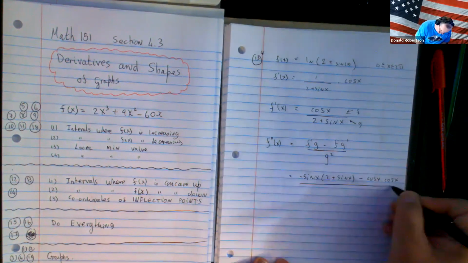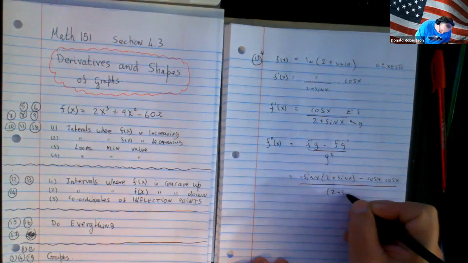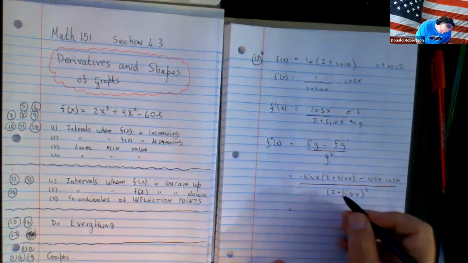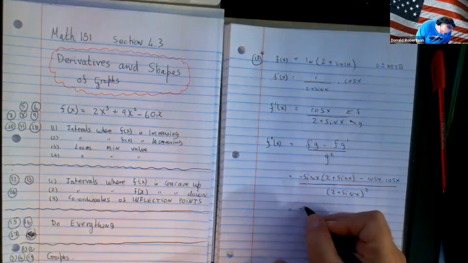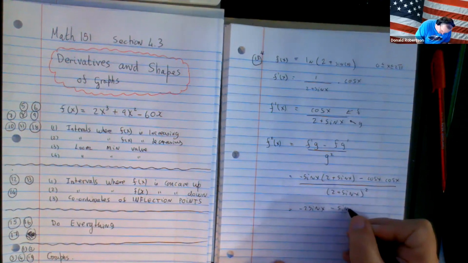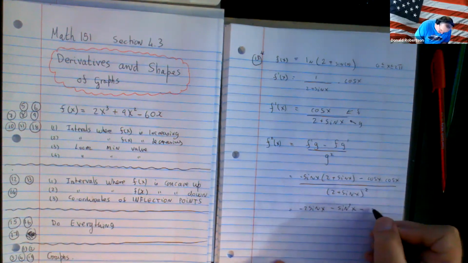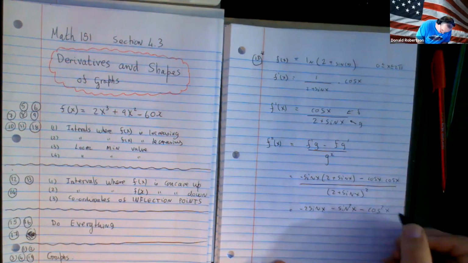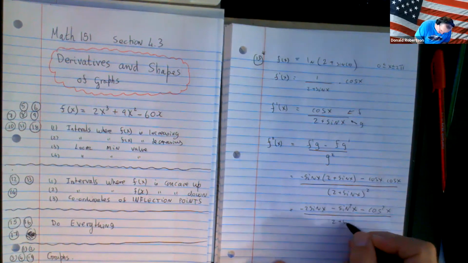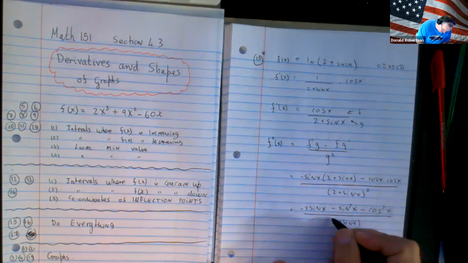And then we have the whole thing on the bottom squared. If I distribute, I get negative 2 sine x, take away a sine squared x, take away a cos squared x, all over that guy.